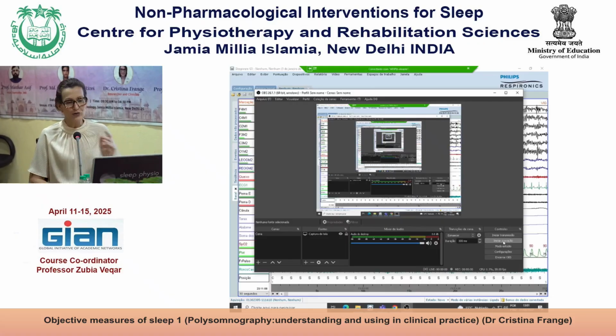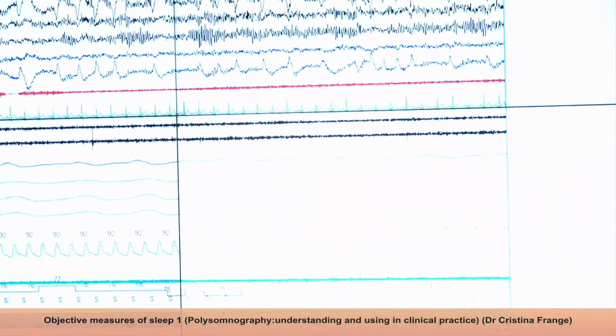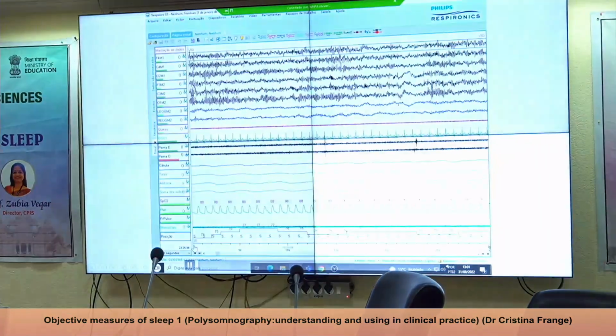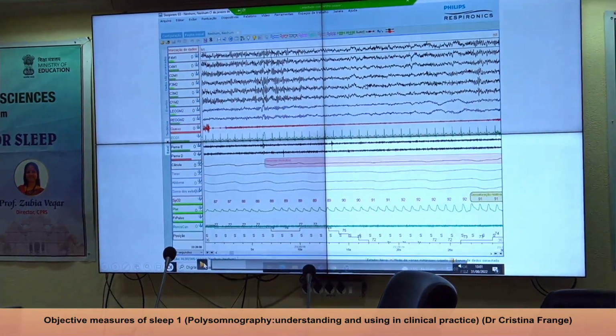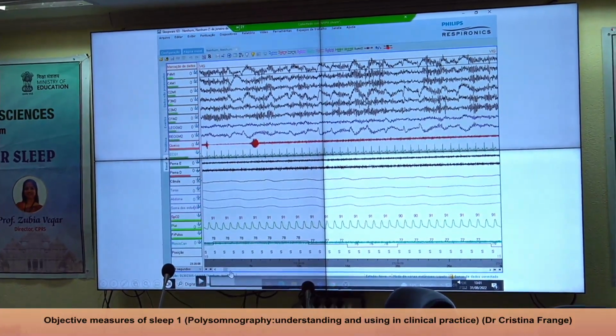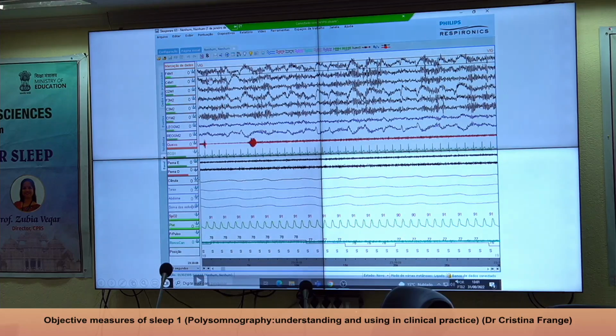She's scoring. So she goes through the whole night in these things that we call windows and see how everything is going on. Just stopping a little bit to show you. Okay, here, for example, what we have here in these black ones are the brain waves, okay?